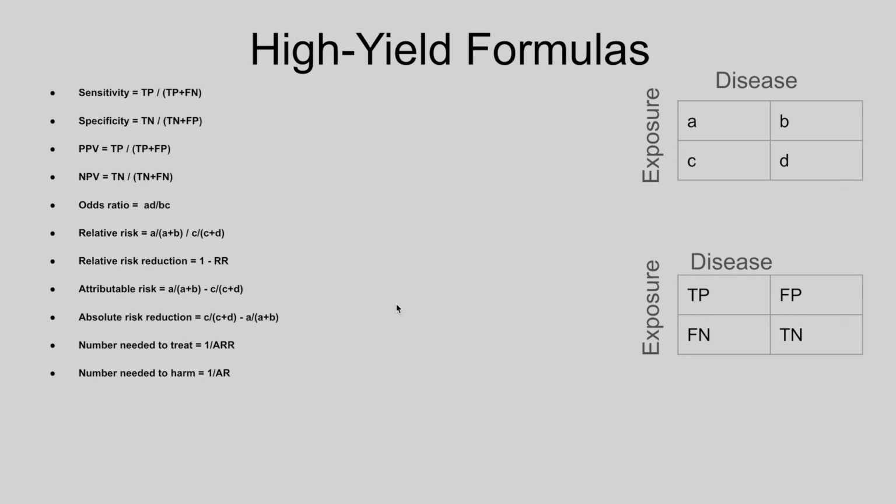And remember, your number needed to treat is a number of patients who need to be treated for 1 patient to benefit. So it's better if you have a lower number because it's a better treatment. And then for number needed to harm, it's a number of patients who need to be exposed to a risk factor for 1 patient to be harmed. So a higher number for number needed to harm is a safer exposure.